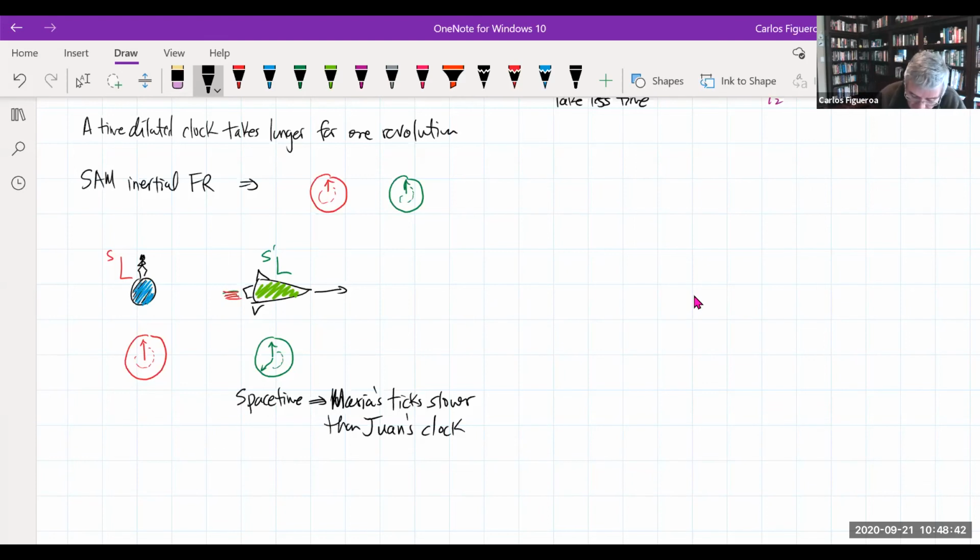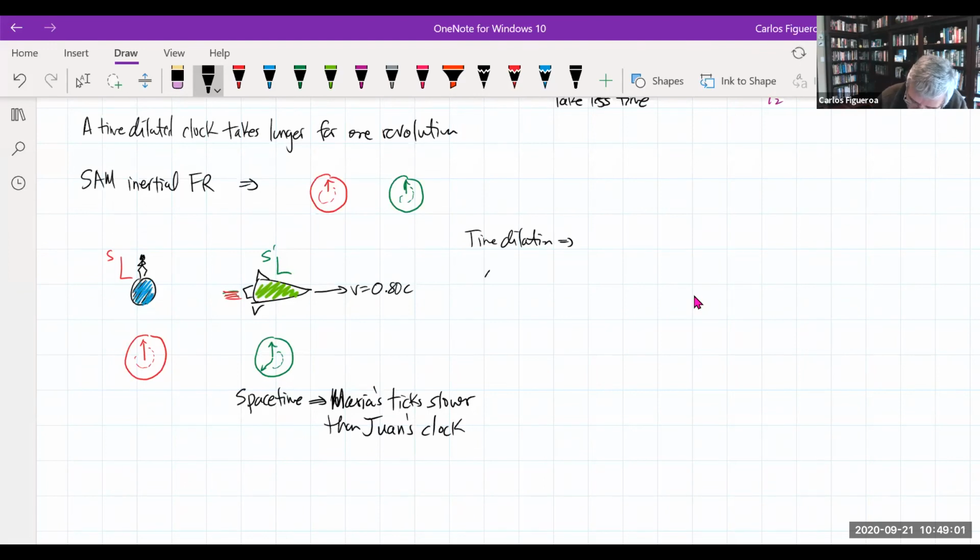So for the sake of argument, I'm going to assume that she moves at 80% the speed of light. Okay? So if she does that, then according to time dilation, right? So then time dilation implies what?